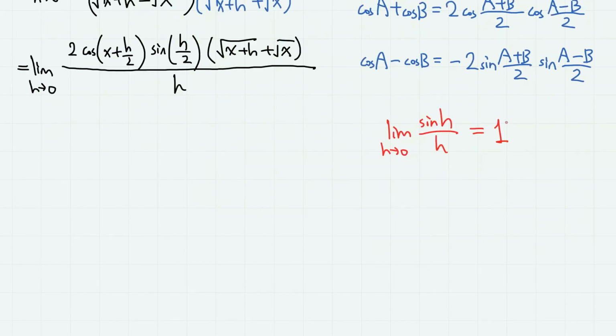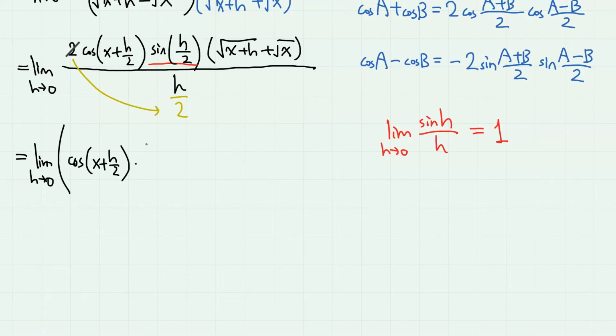Here, we are going to use this limit again, but here we have h over 2 instead of h, so we also need h over 2 at the denominator. Therefore, we send this 2 here into the denominator. So we have cosine of (x plus h over 2), then this part becomes sine of (h over 2) over (h over 2), and the square root part.